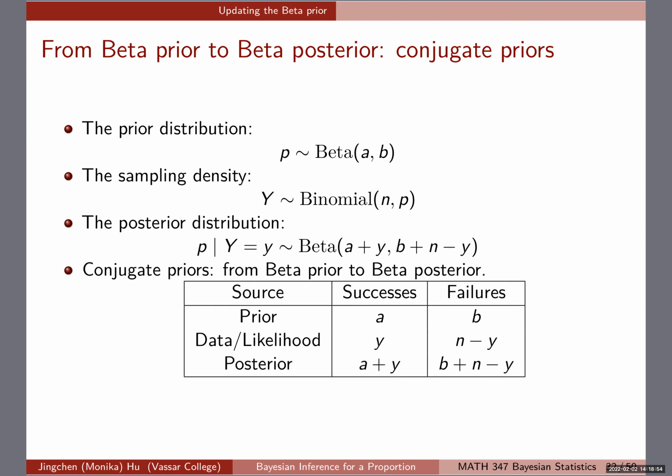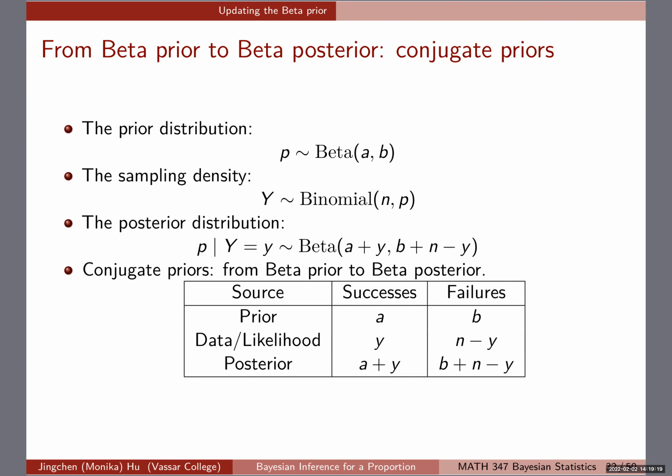So N minus Y will be the number of failures in the data, right? So if we think about A as the prior number of successes and B as the prior number of failures, you will see that this posterior update for this beta prior arrives at this posterior beta as A plus Y as the successes and B plus N minus Y as the failures.